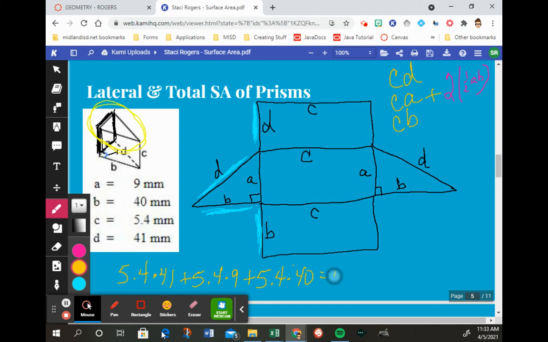Is that right? Hope it is. Square millimeters.